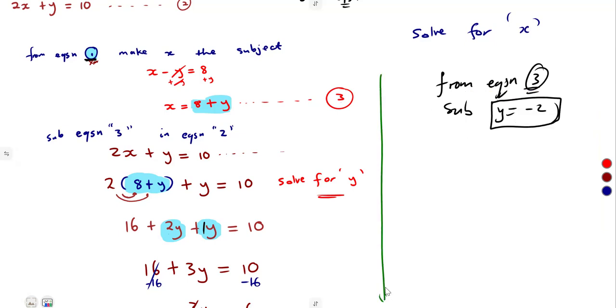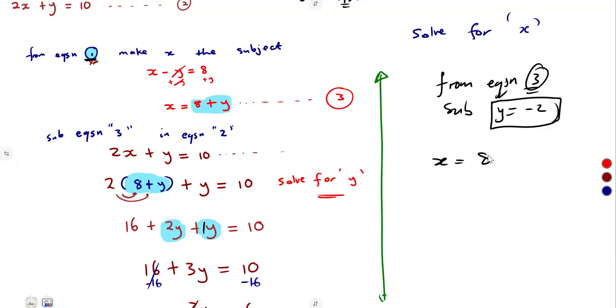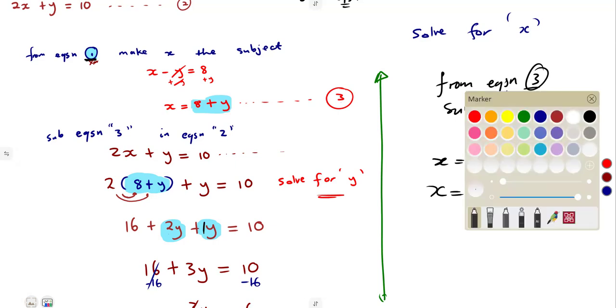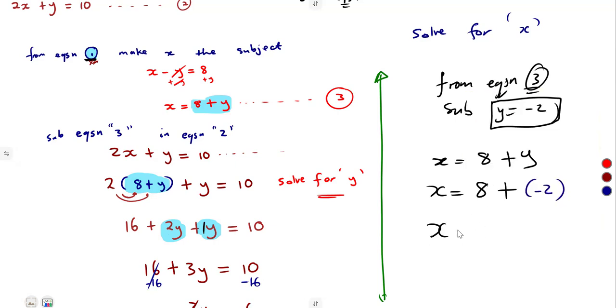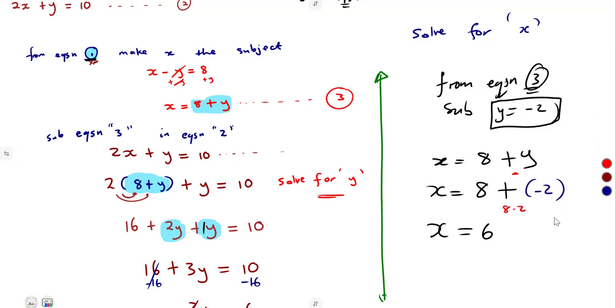Let's see what we are going to have from here. x is equal to 8 plus y. So x is equal to 8 plus, what is the value of y? y is -2. So plus and minus here is going to be a negative. So that's 8 minus 2, which is 6. So this is going to be the value of x.